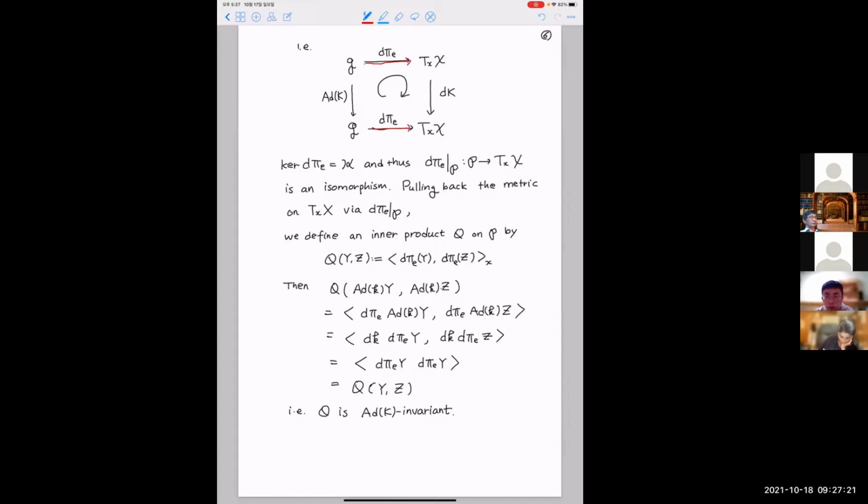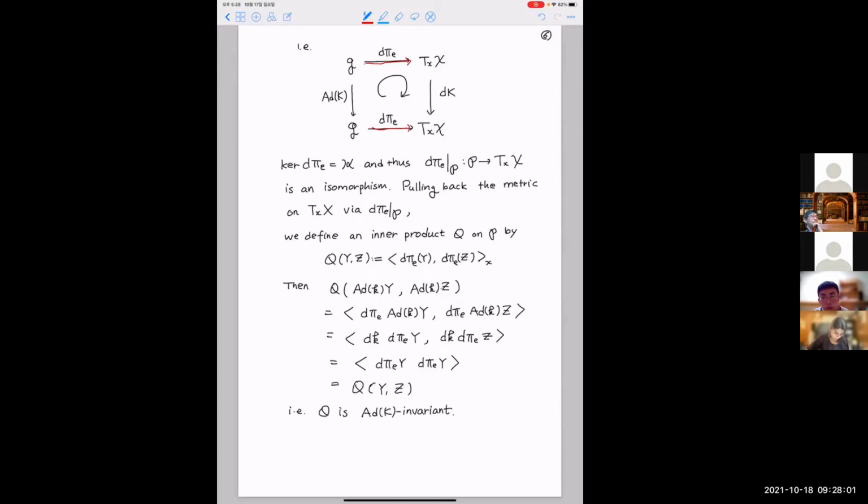As you know, the elements of the isotropy group K fix x, so the kernel of the differential of pi at e is just K. So if you restrict the differential of pi at e to the P, the -1 eigenspace, then this map is an isomorphism, because they have the same dimension and the kernel is K.